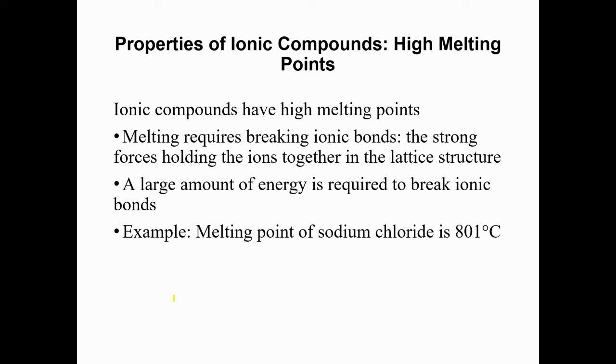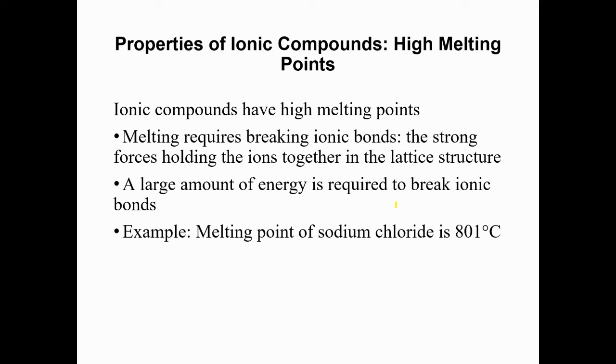So the other thing that results from these very strong bonds are three very important properties. Number one would be the high melting points. The second one we'll discuss is the hardness of these ionic compounds, and the third one we'll discuss is conductivity. So to understand the high melting point, we mentioned how these strong forces hold the ions together in that lattice structure.